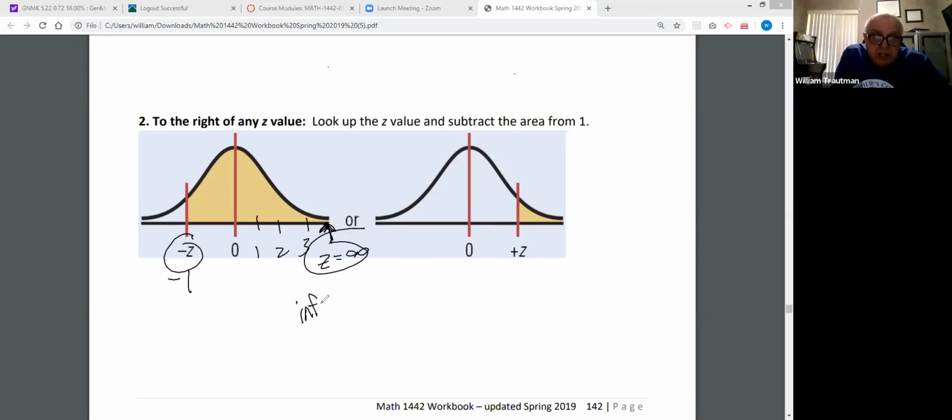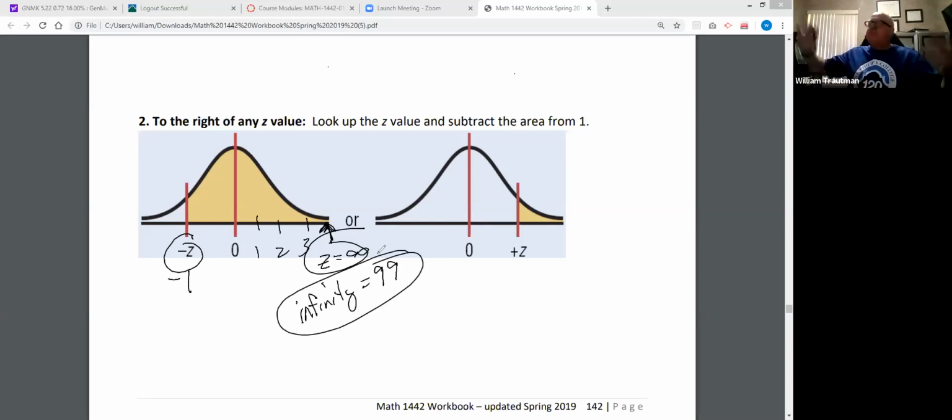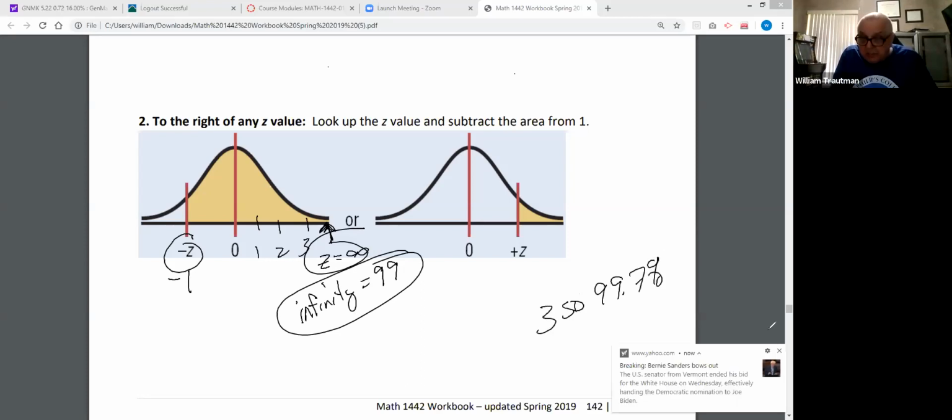So everybody, infinity equals 99. 99 standard deviations is infinity. By the way, 9 standard deviations is pretty much infinity. Remember, we did 3 standard deviations. That was 99.7% of our data.